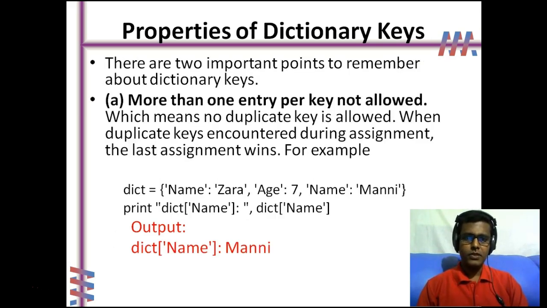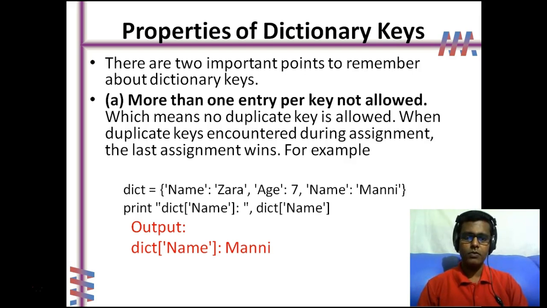We'll come back to the first one, that is, more than one entry per key is not allowed. Here in the example given below, I am assigning a value Zara to the key name, then I am assigning 7 to the age. Then you look at the third entry, again the same key is repeated, that is name equal to money. So when you use the same key again in the dictionary, the recently written value will be retained.